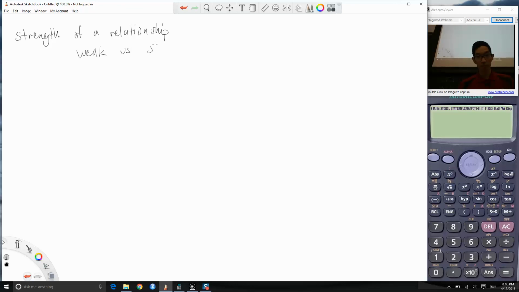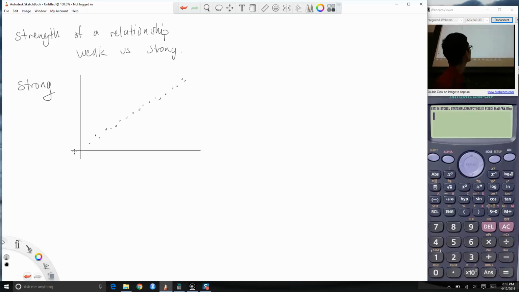Let's start off with strong. So a strong relationship, if we had a positive relationship, would mean you have this trend where you have very little scatter in the dots.